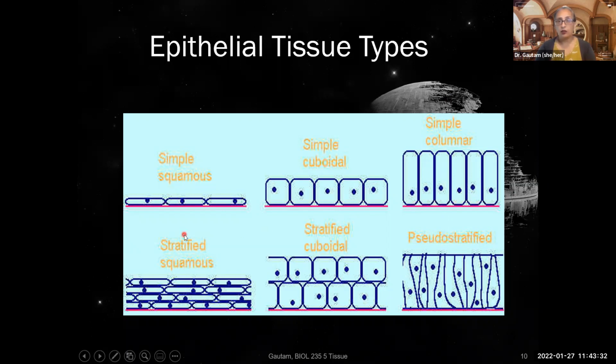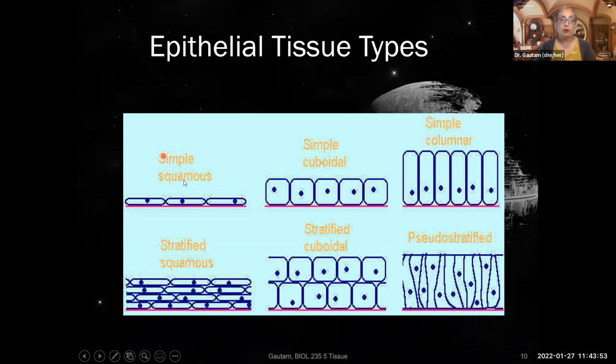Okay, so now we take a look at the shape. So epithelial cells can be flat and amorphous, meaning not really having a set shape, and those are called squamous. Then you have cells that are cube shaped. Easily enough, they're called cuboidal. And then there's cells that are shaped like columns, and easily enough, those are called columnar.